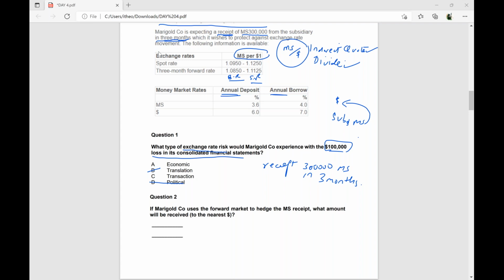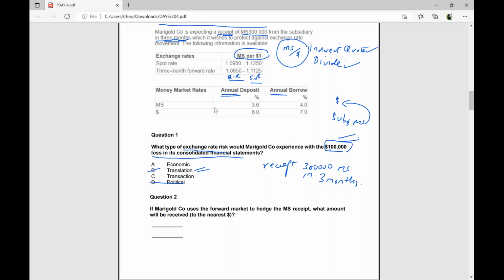Yes, Assam, you're right. So Sana, I don't know whether you are attentive in the class or not. The question is asking about 100,000 and that's why I take translation risk. Just to explain further, had the question asked about 300,000, I would have put transaction risk. So please stay attentive in the class. The question is asking about 100,000, that's why we take option B.